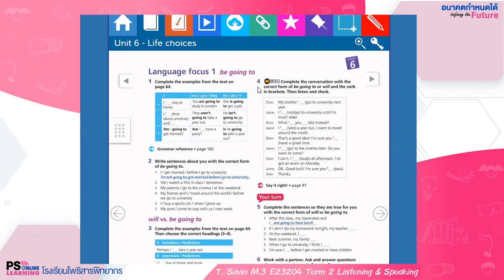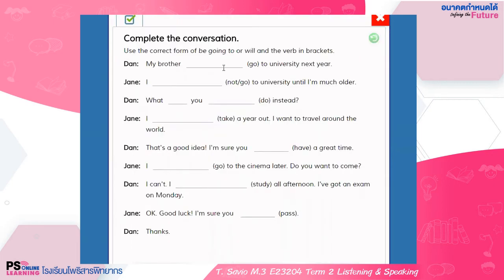Exercise 4. Complete the conversation with the correct form of be going to or will and the verb in brackets. Then listen and check. My brother, we have to use the go form of the verb and be going to.